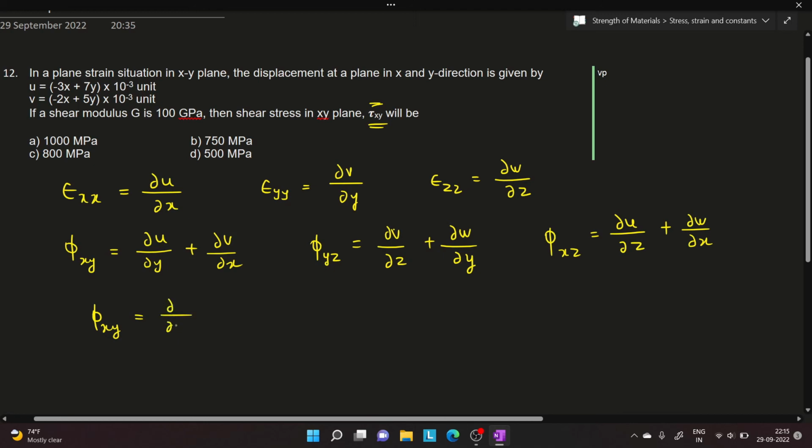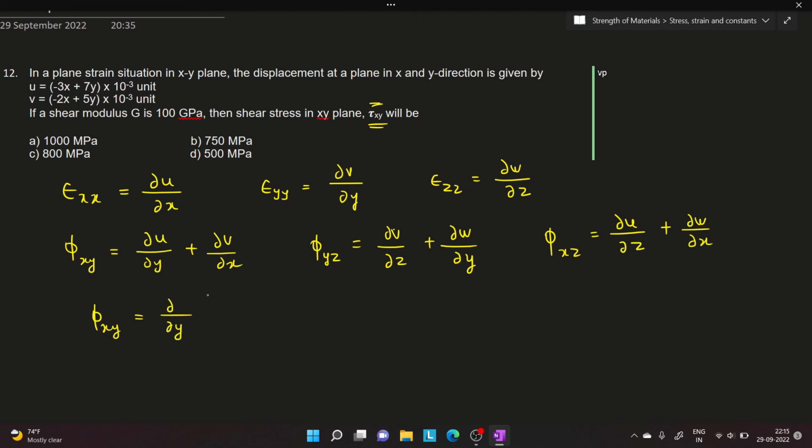Del by del y of minus 3x plus 7y into 10 to the power of minus 3, plus del by del x of minus 2x plus 5y into 10 to the power of minus 3.